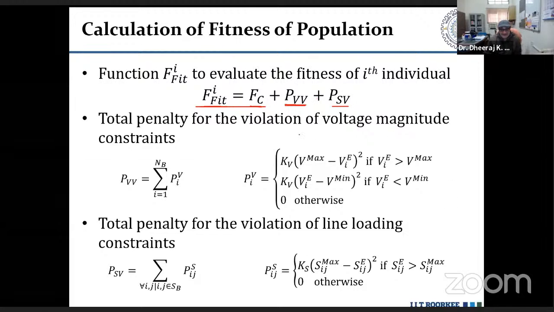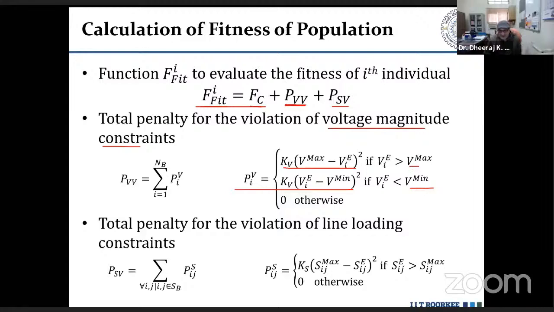Like suppose if we talk about voltage magnitude constraint, so if actual voltage is more than the maximum voltage, it will assign this much value. If voltage is less than minimum voltage, then it will assign this value.